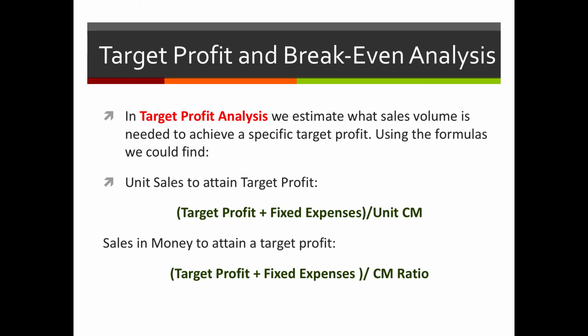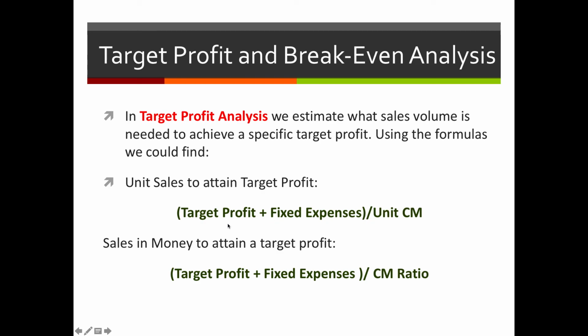Using the formulas, you will see that for attaining a target profit, in units, you may calculate it using the unit contribution margin. And in money, you will get it by using the contribution margin ratio, okay? What would we do? If we go back to the equation, you will see that what you need to cover your numerator is your denominator. If you want to cover your fixed expenses with the unit contribution margin, you will be in break-even.